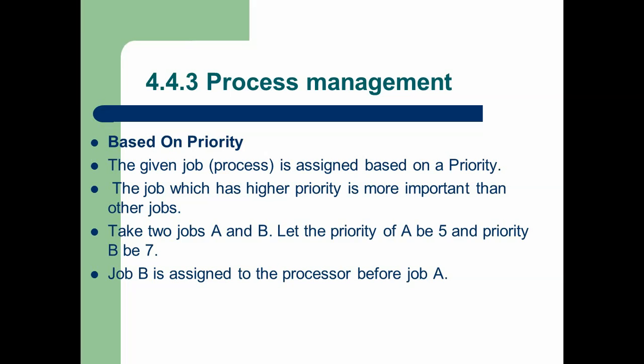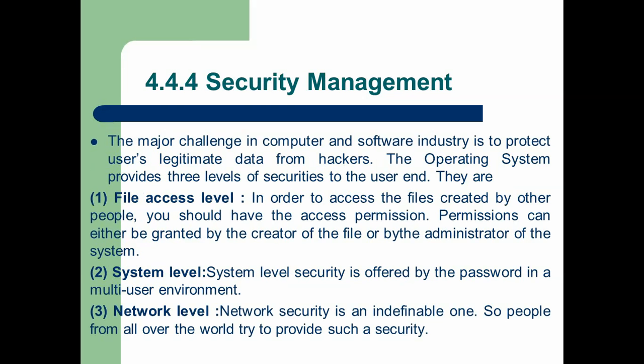For example, VLC is not a product of Microsoft. If you run VLC and the MS player, then Windows will give priority to the MS player. Then the MS player application will execute faster than VLC in Windows, because Windows uses the technique based on priority. So this is how process management is handled by the operating system.